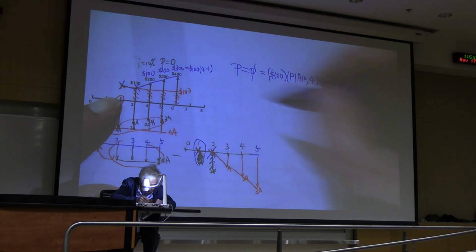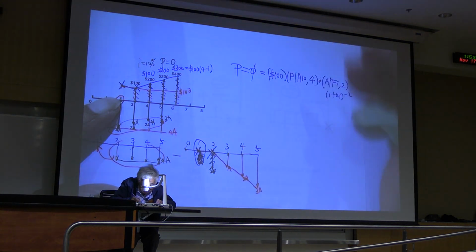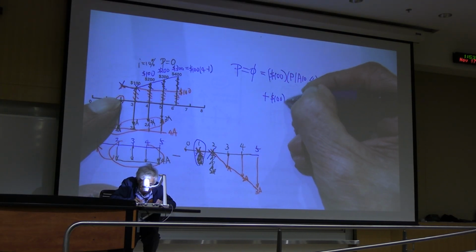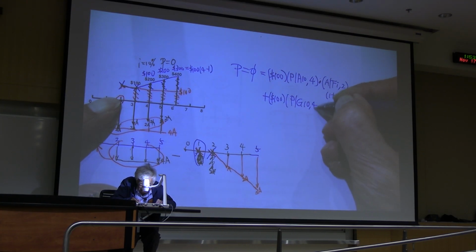Then you need to deal with this gradient series. Plus, given G to find P, 10, 4.